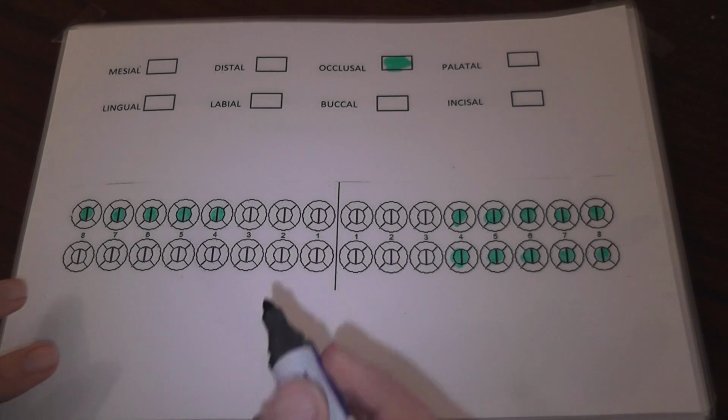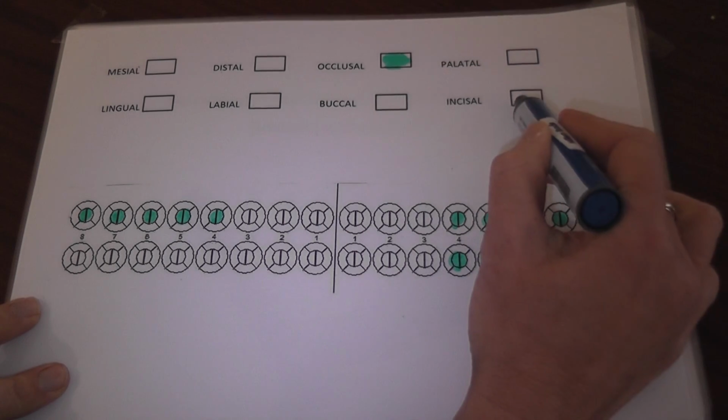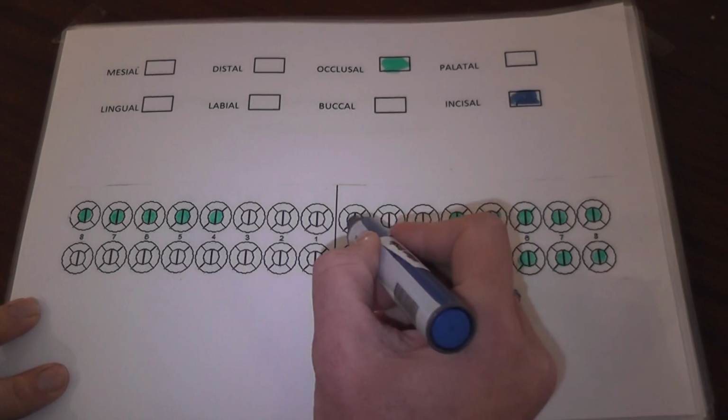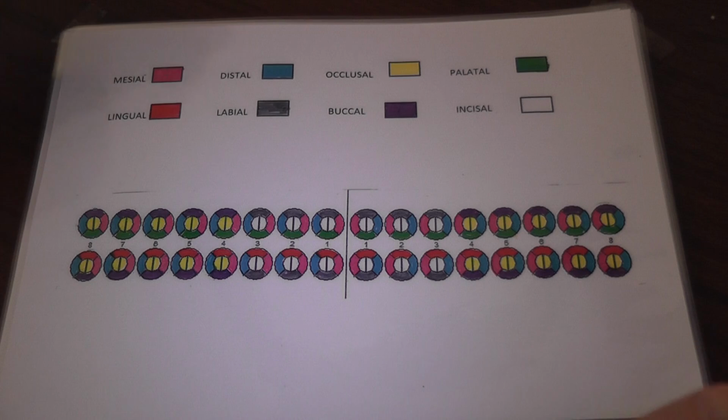Then, with a different colour, identify another surface, and so on. Eventually, you should end up with something that looks like this. I suggest you keep this in a protective sleeve and use it whilst you are learning all of your surfaces.